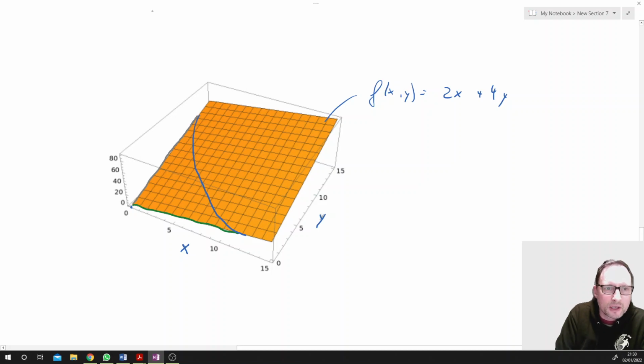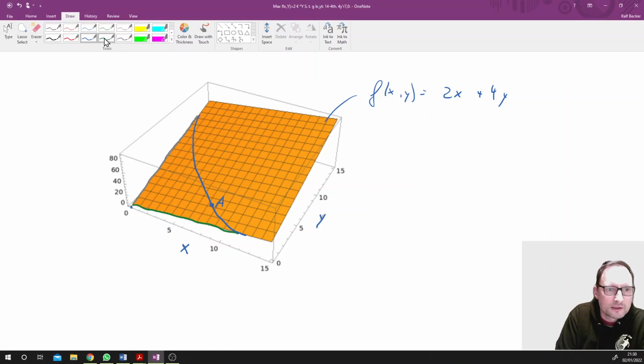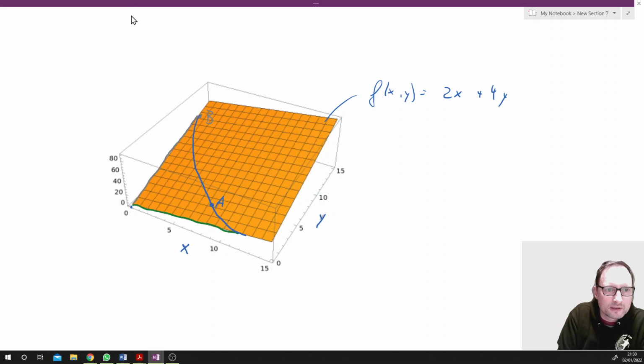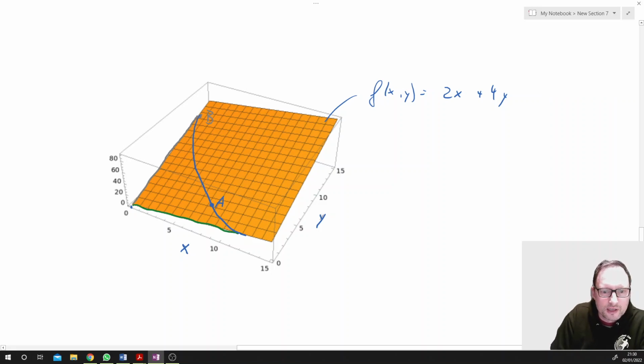The A candidate solution was about here. The B candidate solution was here, and the third candidate solution was here, C. And now you can see very clearly that indeed the solution is B. That's where x is 0 and y is 12.25. That's the end of this example.